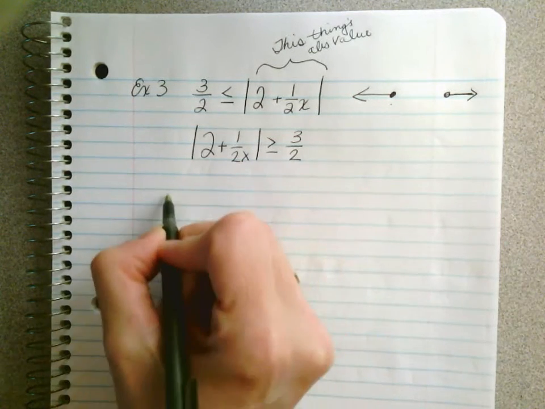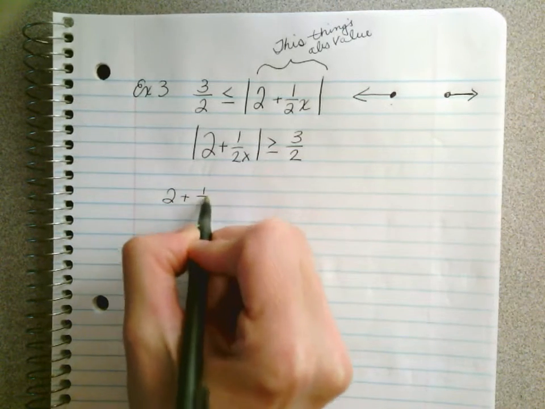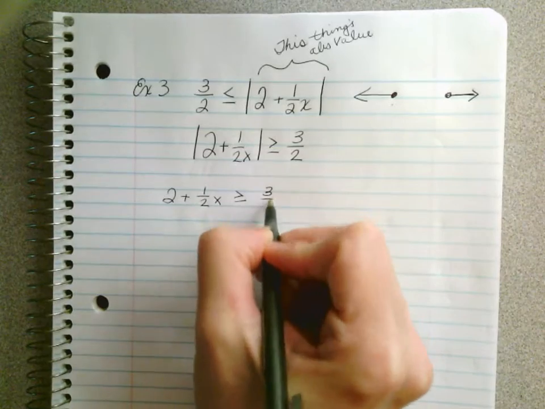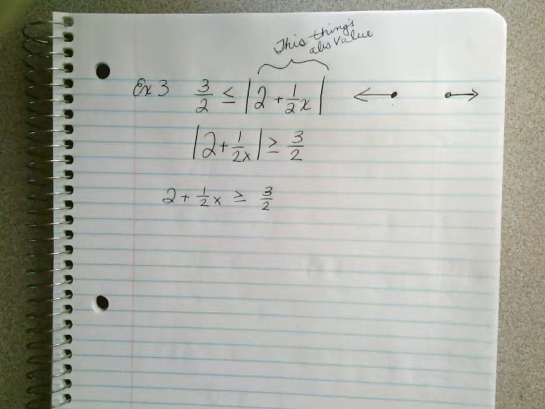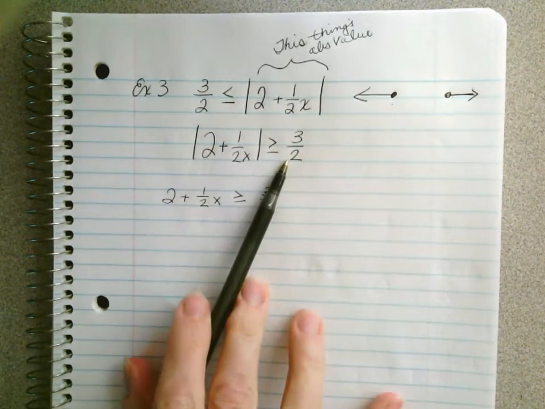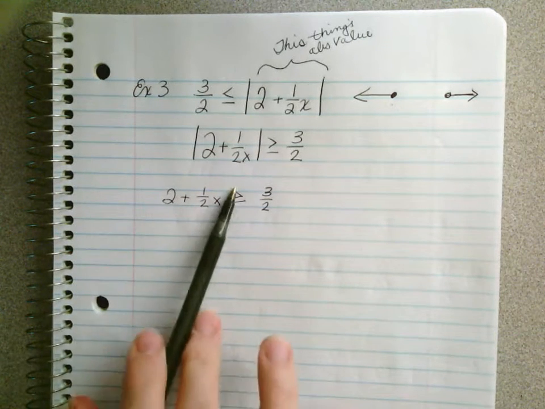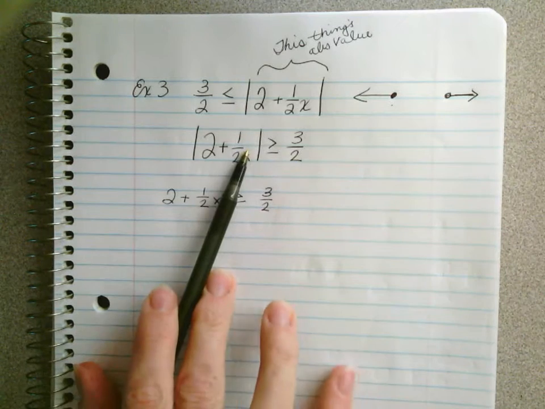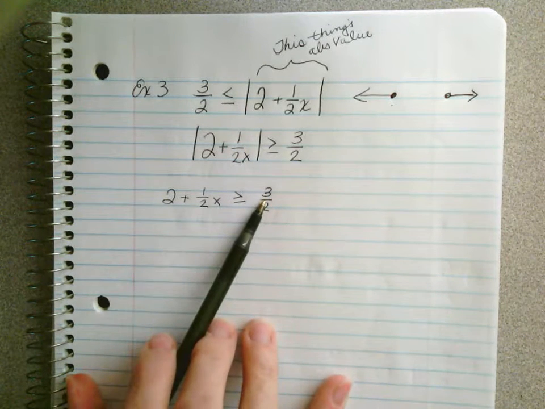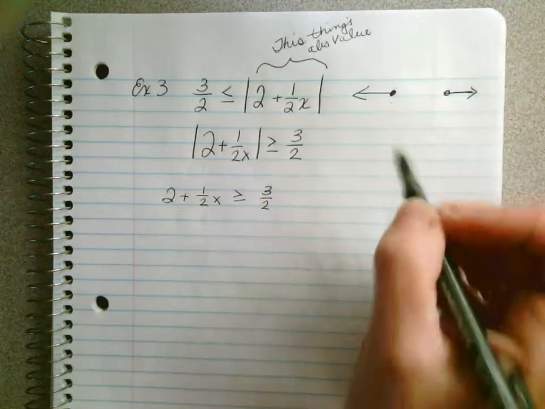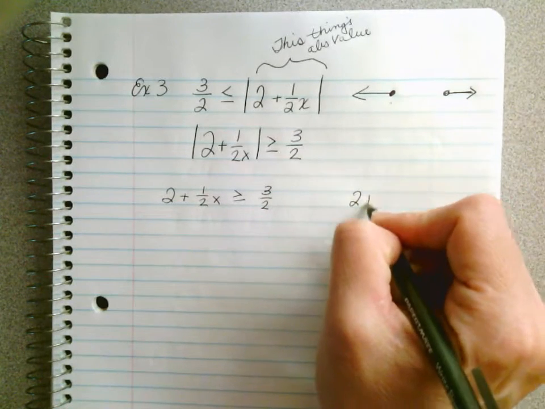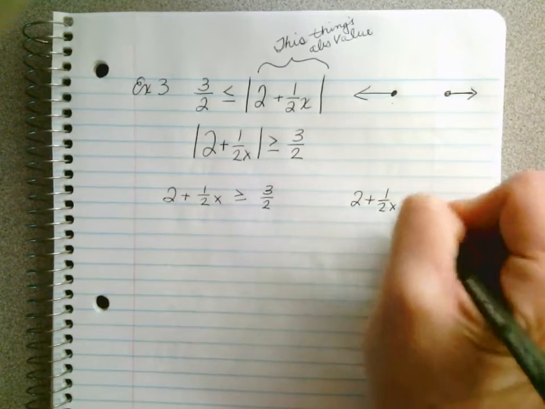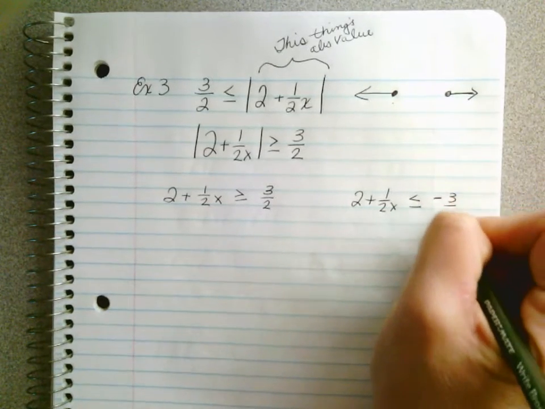The first way we're going to solve it is using it exactly as it is. Just remove the absolute value signs. The result of this thing is going to be larger than or equal to 3 halves. But since it's absolute value, we have to solve it for the other alternative, which is 2 plus 1/2 x is less than or equal to negative 3 halves.